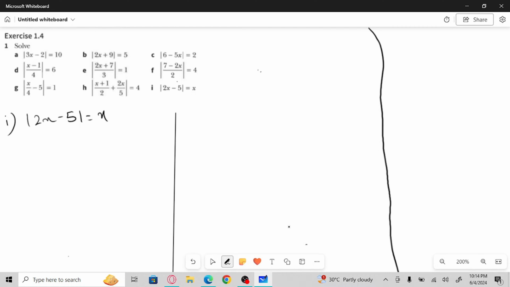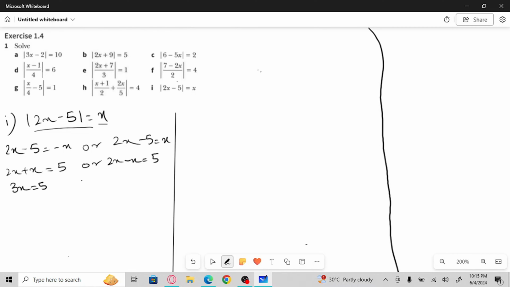This is a different type of question because we have x on the other side, but still it's the same thing. It's a little bit complicated, and I don't think it should be called complex. So 2x minus 5 is equal to negative x, or 2x minus 5 is equal to positive x. Two values out of a modulus again. So 2x plus x is equal to positive 5, or 2x minus x is equal to positive 5. So 3x is equal to 5, or x is equal to 5. Again, x is equal to 5 upon 3, or x is equal to 5.